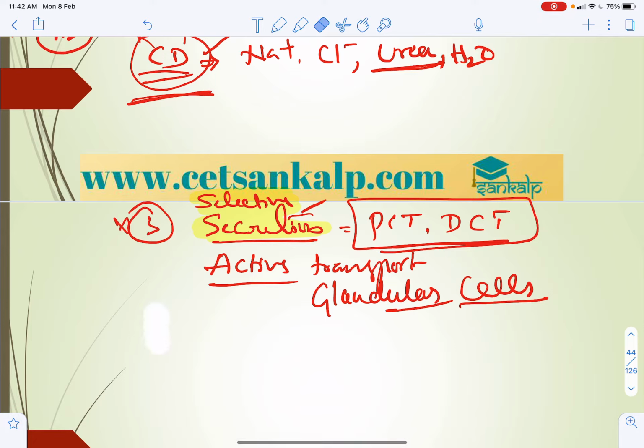And here in the PCT, mainly the PCT takes substances from the peritubular capillaries, that is why the word we use is secretion from the capillary into the lumen.